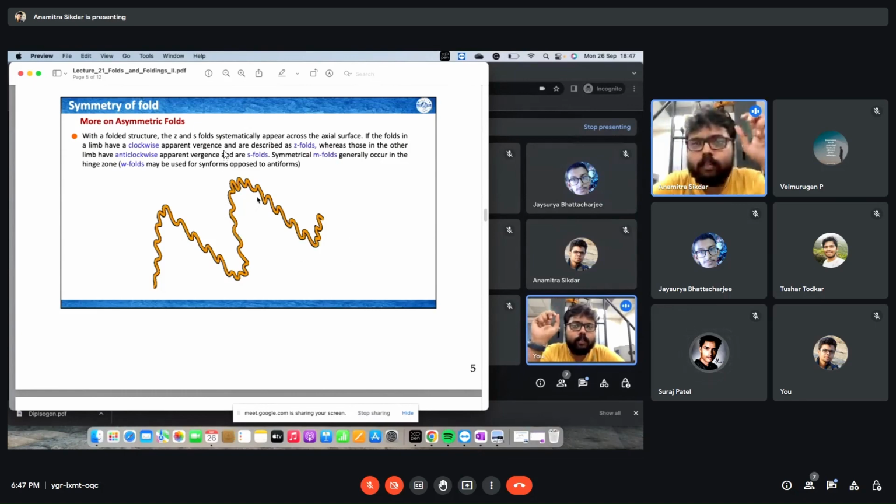So when they say this is the S part of the fold, then we will expect the anticlockwise movement of the porphyroclast, right?